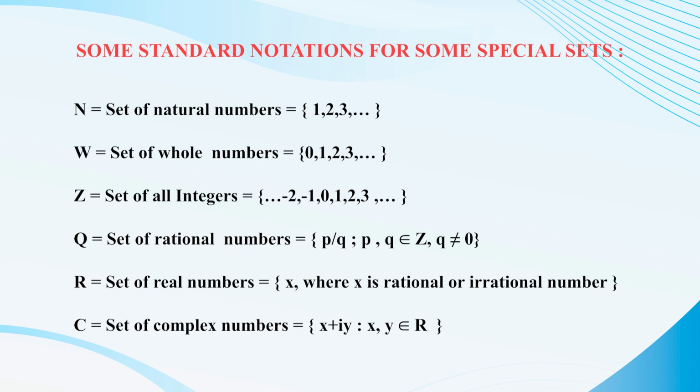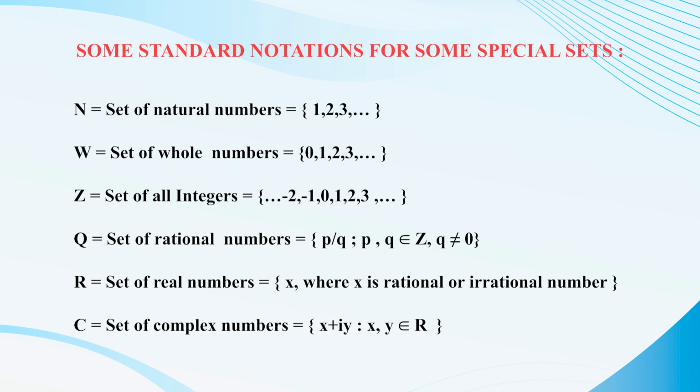And Q stands for set of rational numbers and R for set of real numbers. Further, set C represents set of complex numbers, which you will learn about later on in class 11 itself.